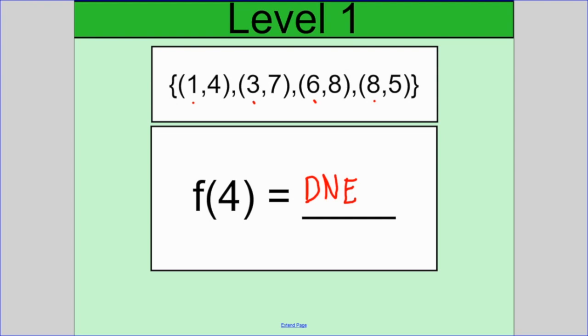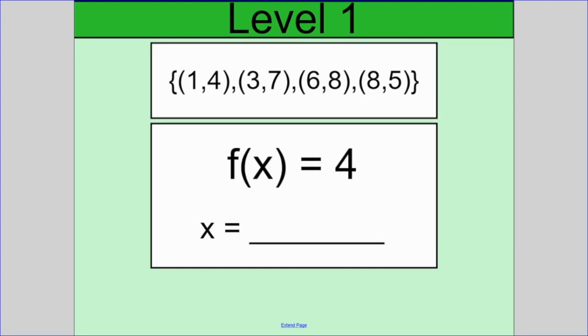All right, next example here. We know our input is our x. For what x will our output be 4? Come up here and look at our set of ordered pairs, and where the output is 4, our input was 1, our x equaled 1.